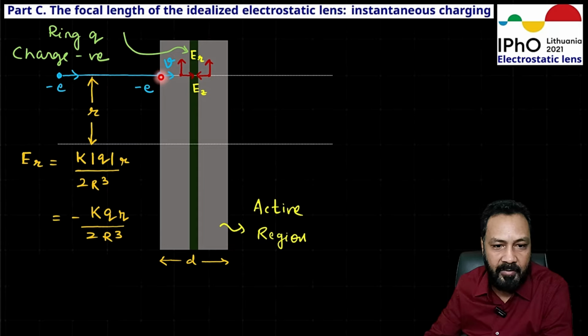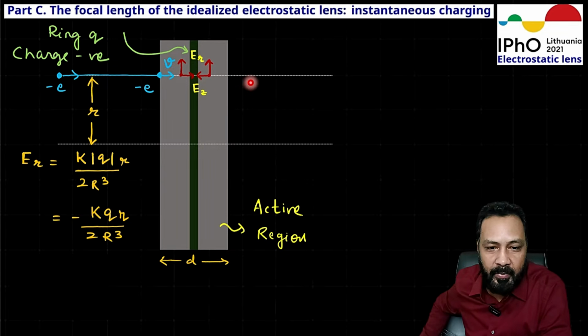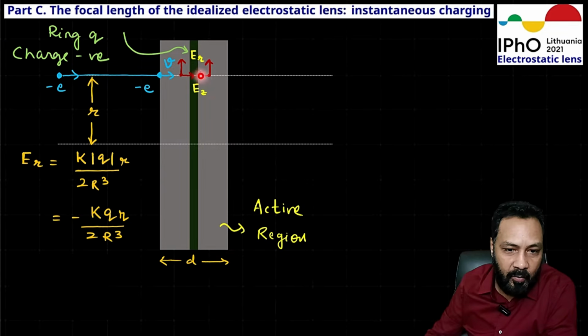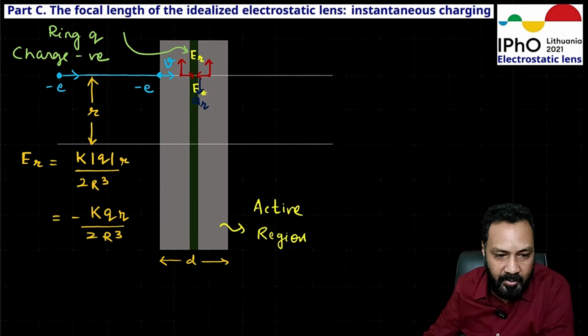So the overall effect from the beginning of entering the active region to leaving, the net effect of the Z component would be 0. The overall effect of the ER component would be to deflect it in the downward direction. As it just leaves the active region, because of the force there will be a downward radial acceleration AR, and that radial acceleration will impart a radial velocity here.